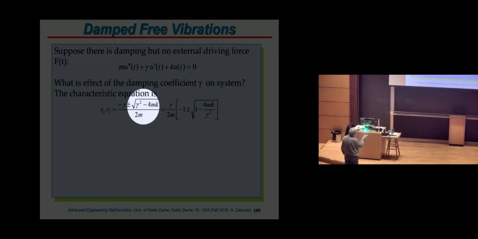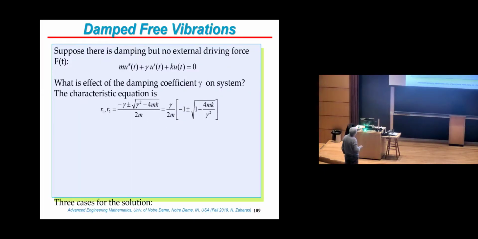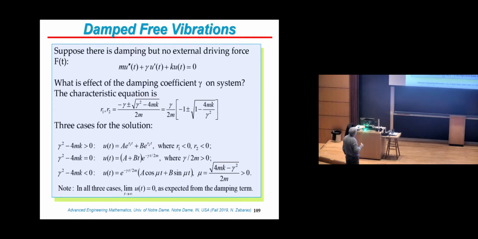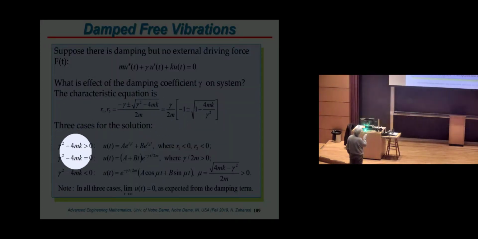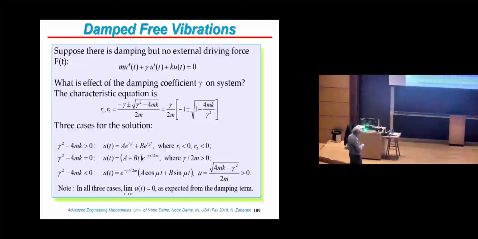But remember, even if this gamma squared minus 4mk is negative, and you look only at the real part, it's negative. So here are all possible solutions you can get for this damped free vibrations. If gamma squared minus 4mk is positive, you're going to get basically two real solutions, and both of the solutions are going to be negative.